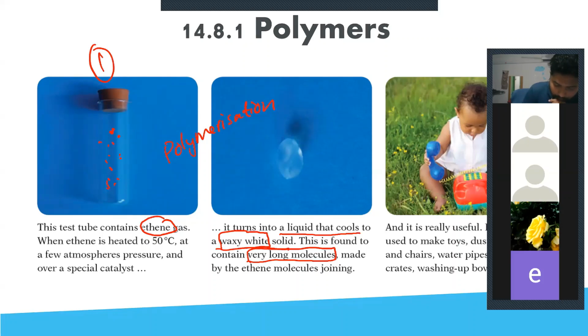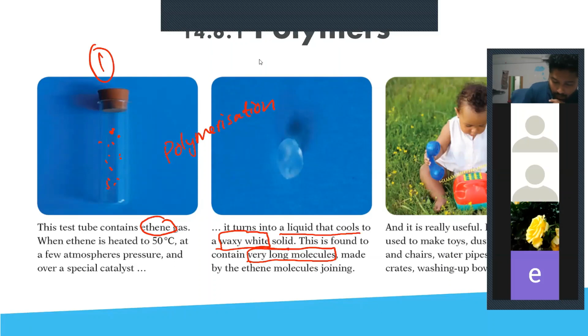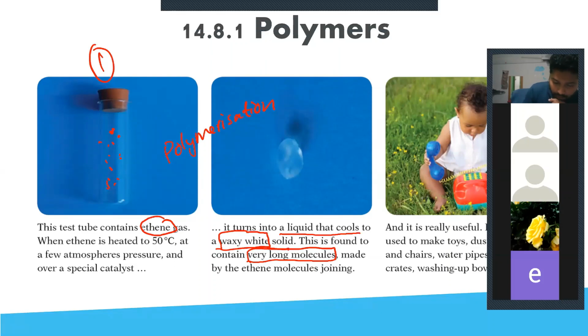So when ethene molecules combine, it forms polythene, and it is really useful because most of the plastics are made from polythene, like toys, dustbins, plastic tables, chairs, pipes, buckets. Many of our household materials are made from plastic.